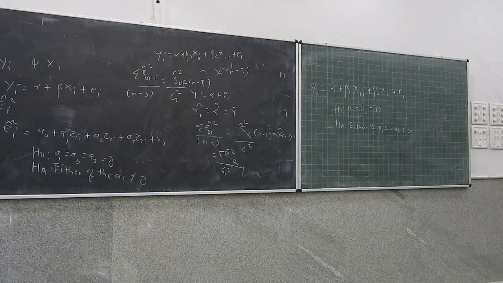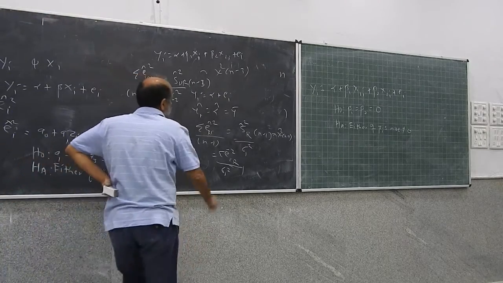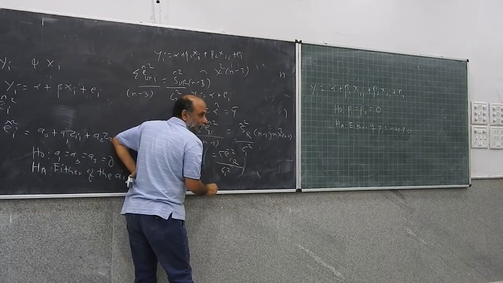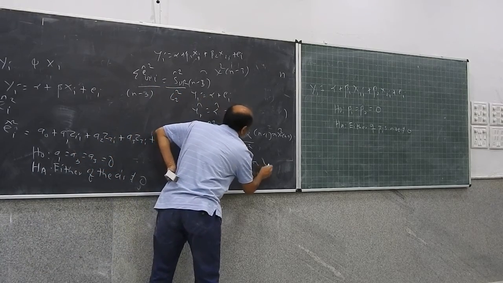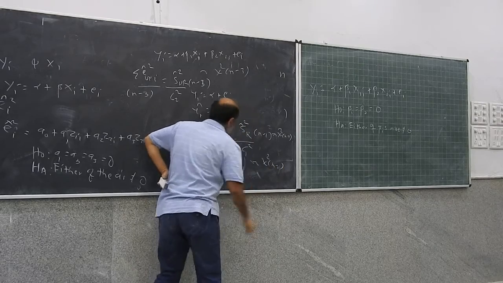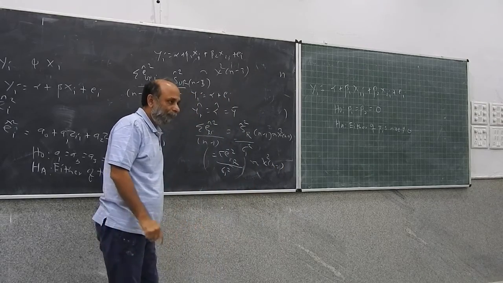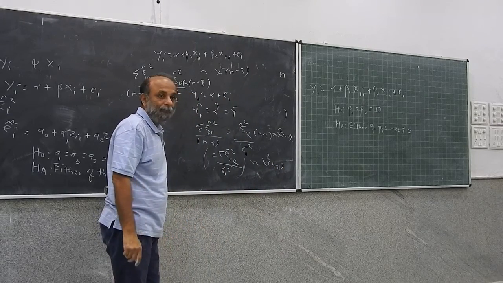Because n minus 1 in the numerator and n minus 1 in the denominator will cancel out. So this part is this, and this is a chi-square with n minus 1 degrees of freedom.